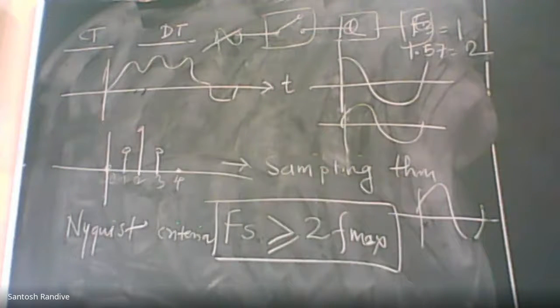Fs is the sampling frequency, f max is the maximum frequency of the signal.